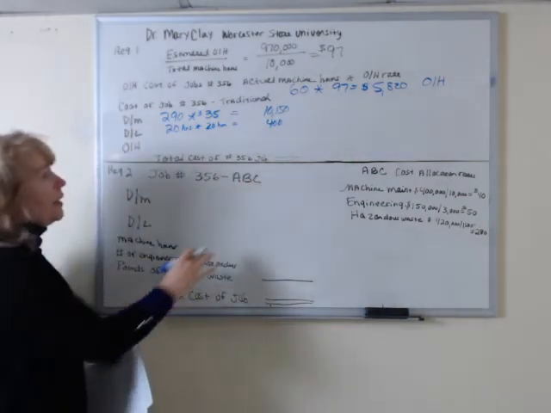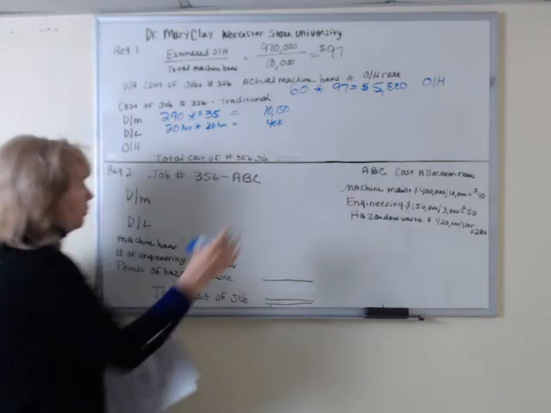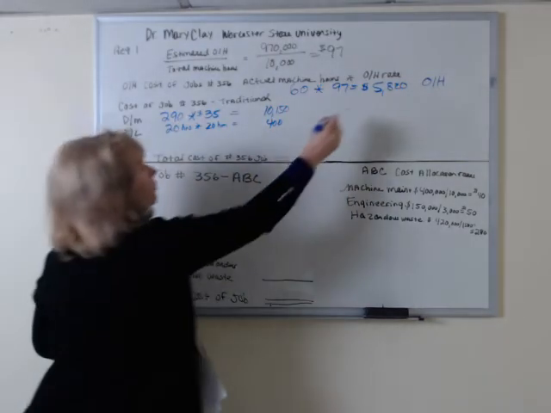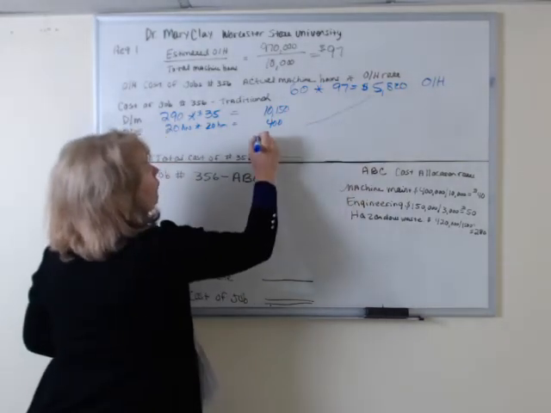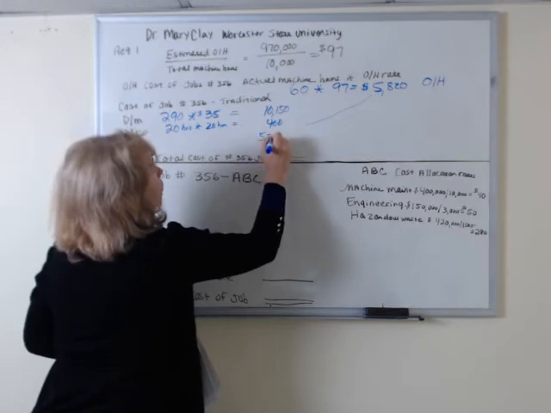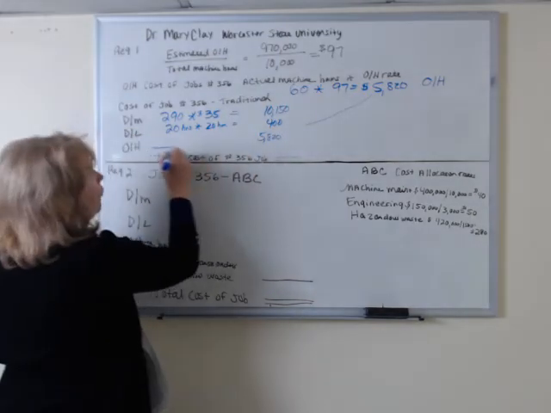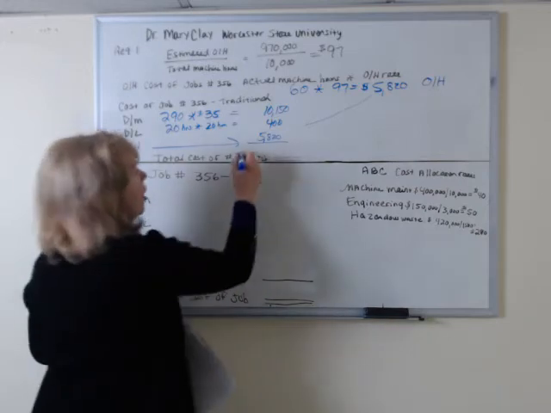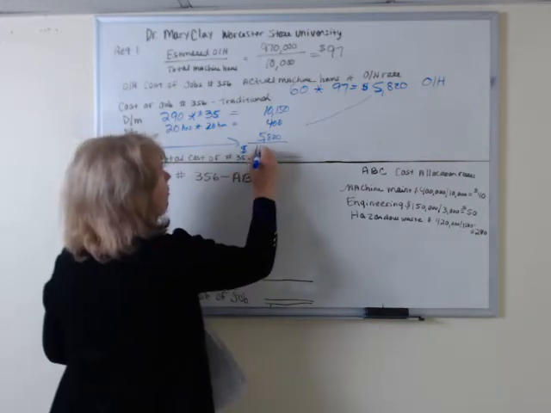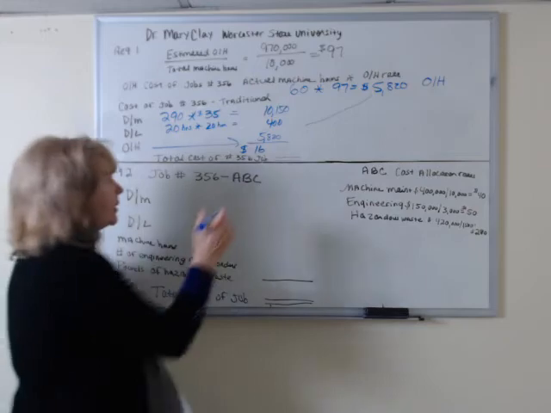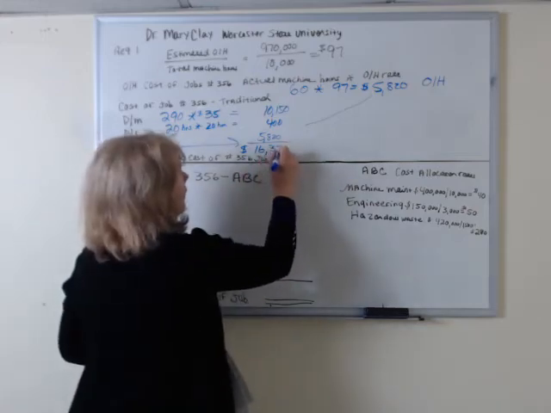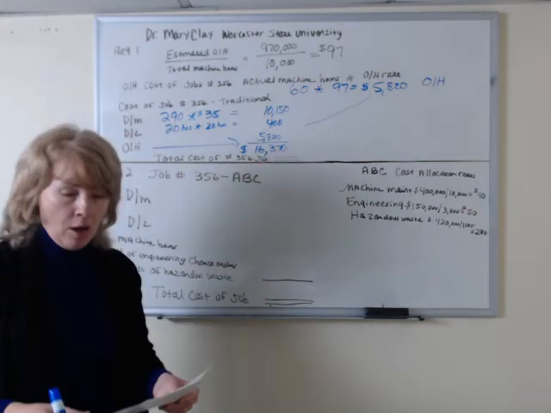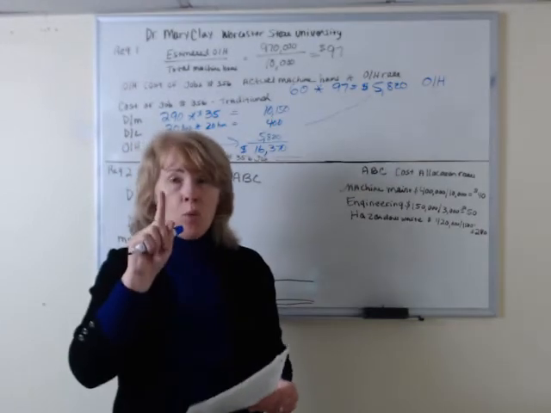The overhead I already computed, so I'm just going to bring that down: 5,820, and remember that's my overhead. I total that, so the cost of the job for the traditional method is $16,370. Okay? All right, so that's your answer to number one.